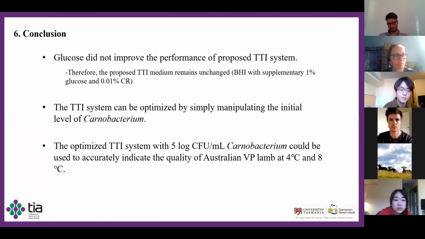Next, we found the performance of the TTI system can be improved by simply manipulating the initial level of cyanobacterium. In this case, the TTI system with 4 log initial cyanobacterium could be used to accurately indicate the quality of Australian vacuum-packed lamb at both 4 degrees and 8 degrees.